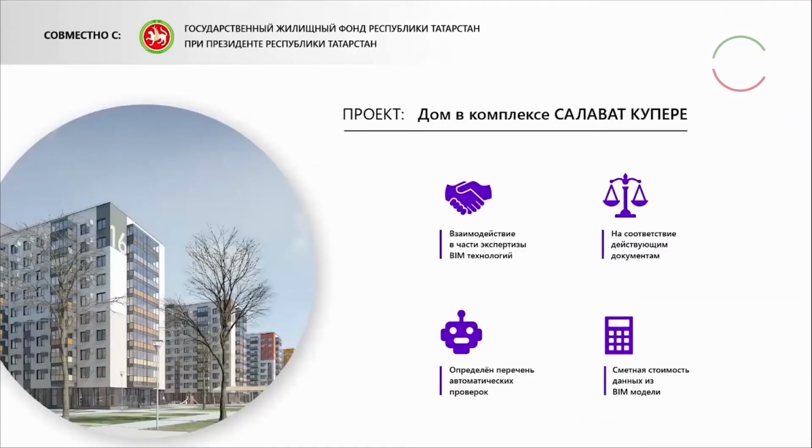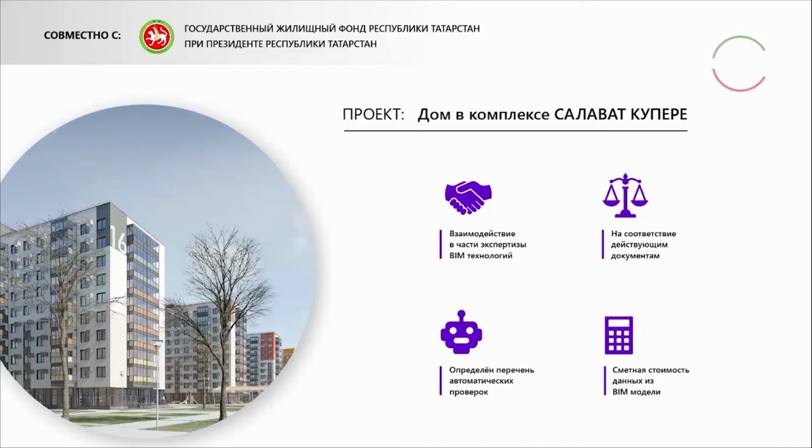And most vividly, the efficiency of digital information modeling can be seen from real examples. We implemented a few pilot projects. The first project was implemented in August of 2020 together with the housing fund under the President of the Republic of Tatarstan: the expertise of the digital model of the residential complex in Salavat Kupre.